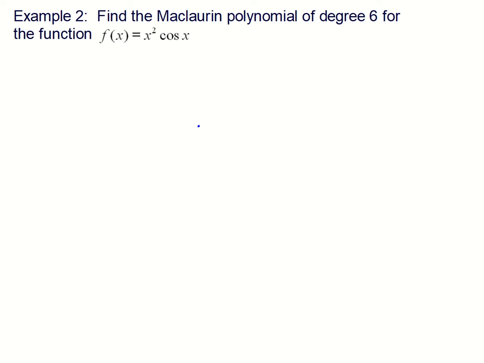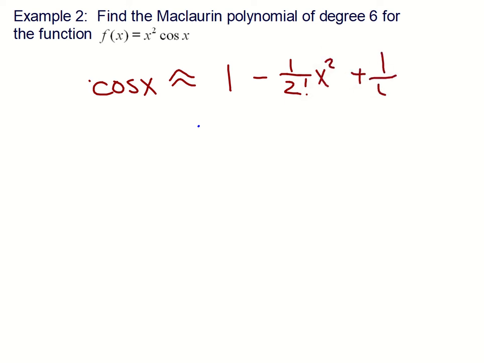So if cosine x is approximately 1 minus 1 over 2 factorial times x squared plus 1 over 4 factorial times x to the 4th power, then x squared times cosine x is approximately x squared times all of those terms.